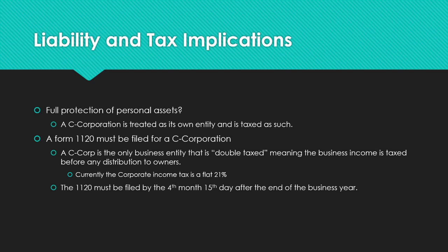Then you have $500,000 of taxable income on the bottom line of your 1120, which is the form that you file to do your taxes for your C corporation. That $500,000 is going to get taxed at 21% of that income. Okay. So off the top of my head, I think that's $105,000 is going to be your tax liability for that $500,000, meaning you'll be left over with $395,000.